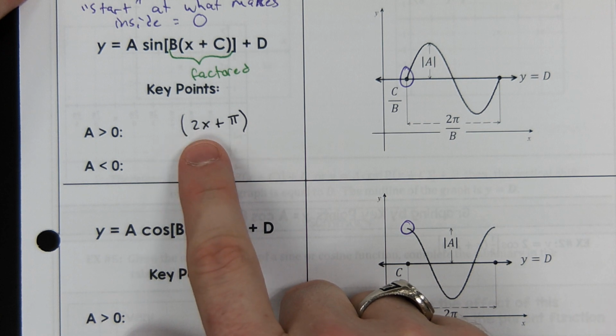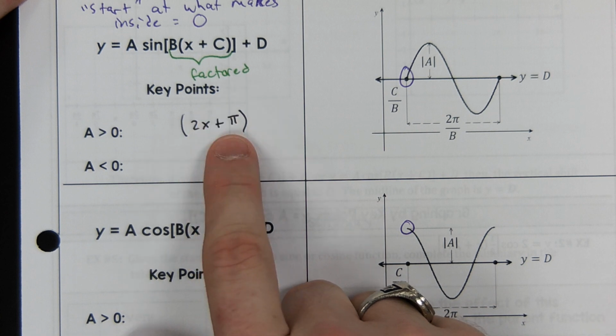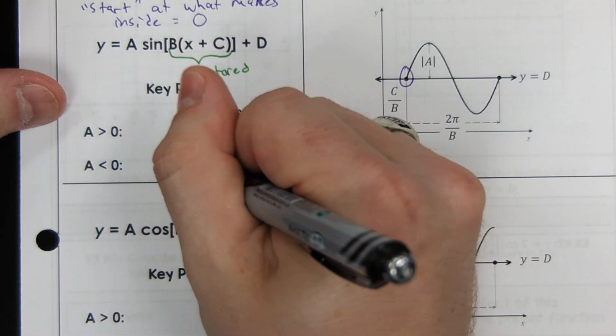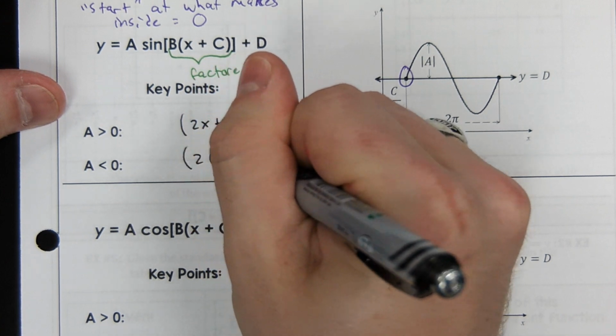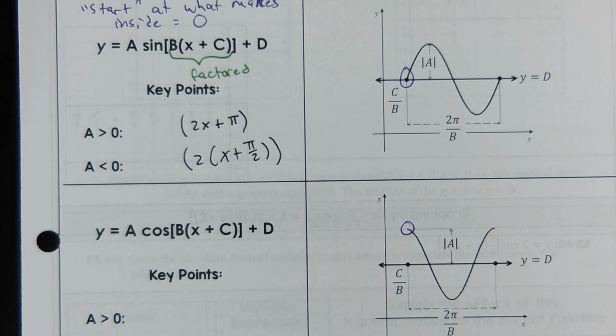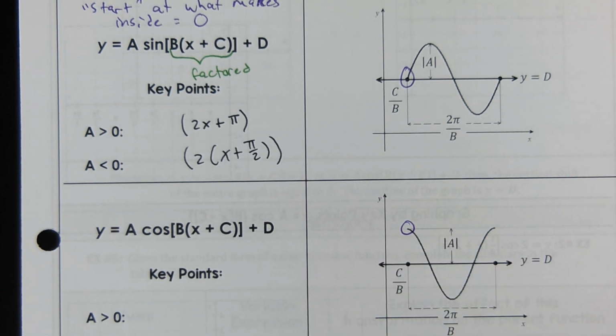The College Board is always going to factor these double horizontals. Always. And so they would be presented like this. The nice thing about that is it shows you exactly where to start. Start at negative pi over 2.